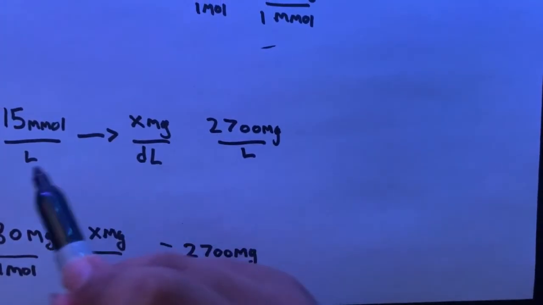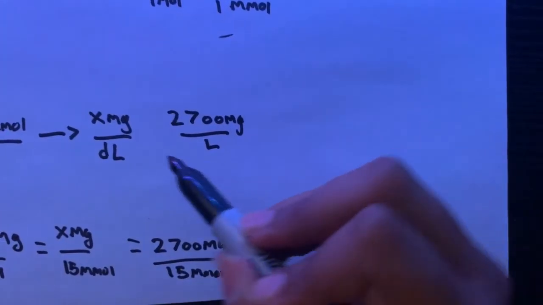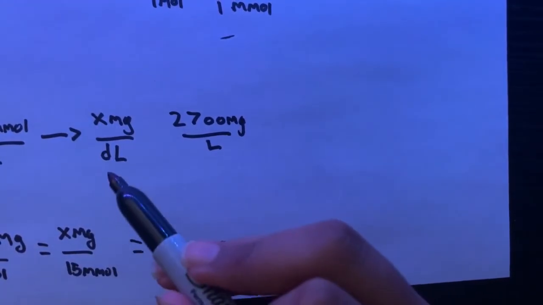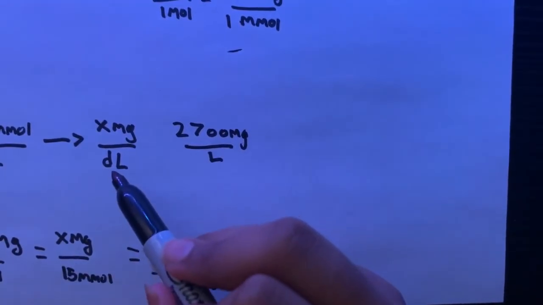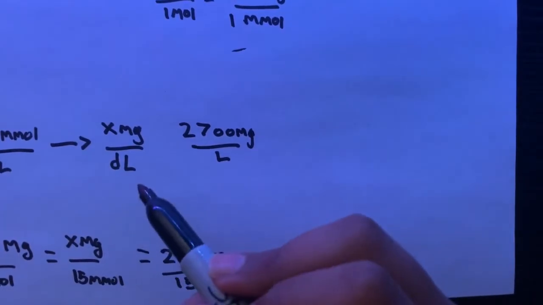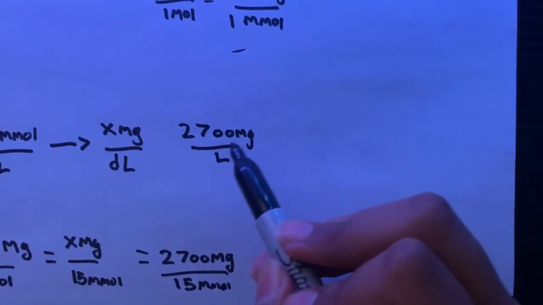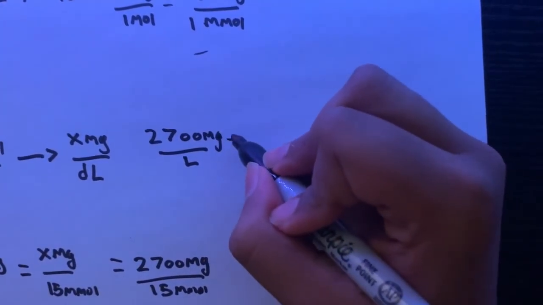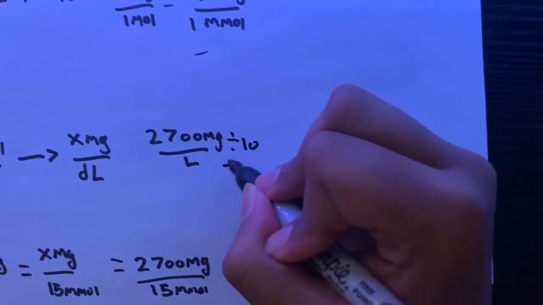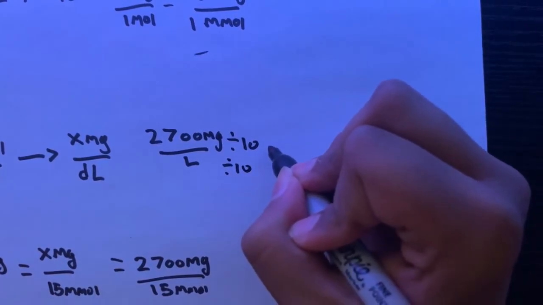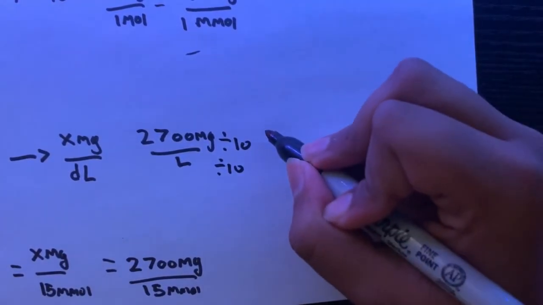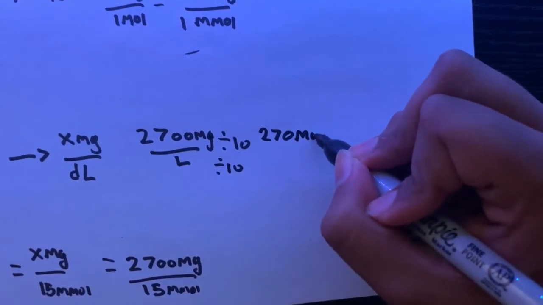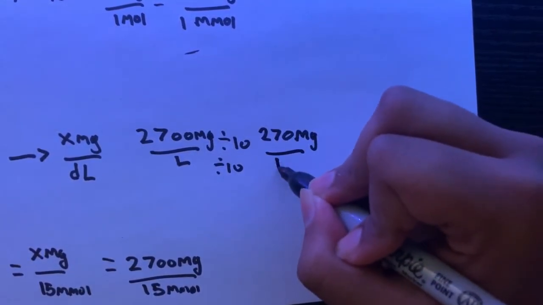We're still in liters. But now since we want the denominator in deciliters, and if you remember from SI units, deci is 1/10. So we actually need to divide both of these values by 10 to get deci. So we would divide this by 10, and that will get us to 270 milligrams per deciliter.